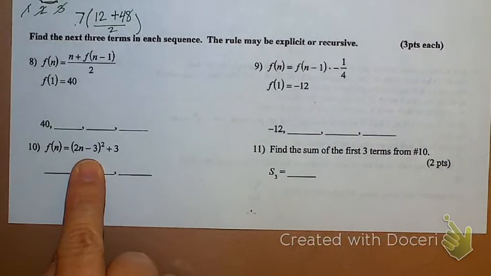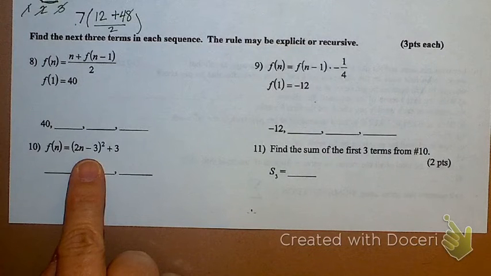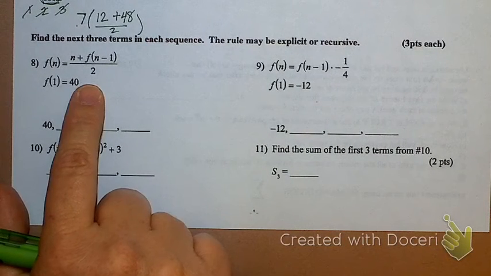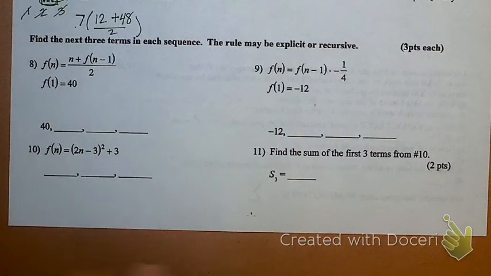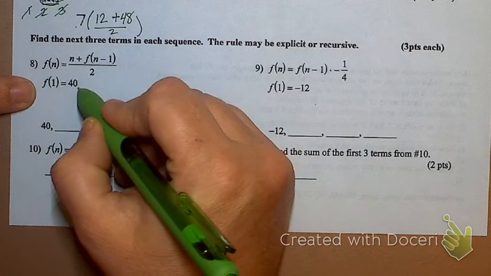Is this one recursive or explicit? Explicit. Is it arithmetic or geometric? Arithmetic. Neither. Has an exponent. It can't be arithmetic. Neither. This one's also neither. This one is geometric, but these two are both neither, which is okay because they give me the formula, they give me the first term.